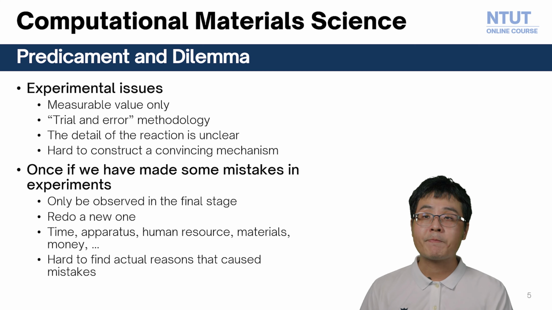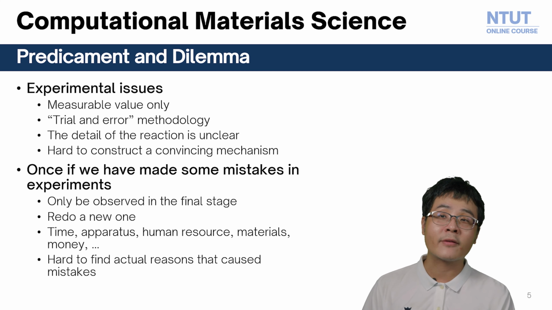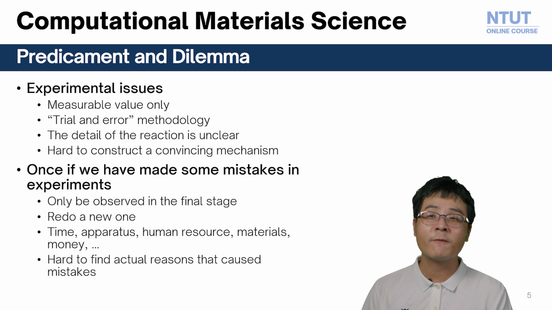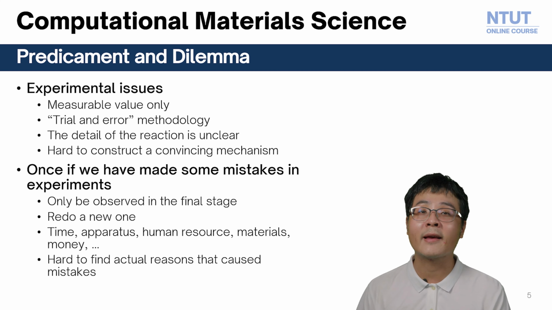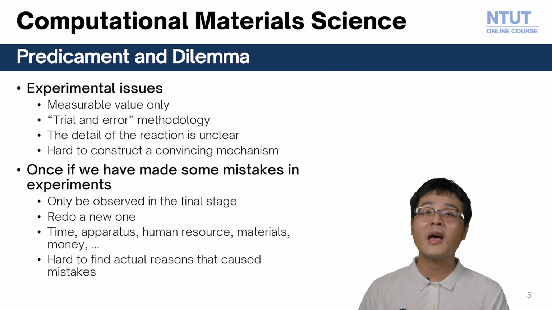And typically, the research of experimental science follows a trial and error methodology, and the details of the reaction are unclear because we can only get the result after all experiments are finished.